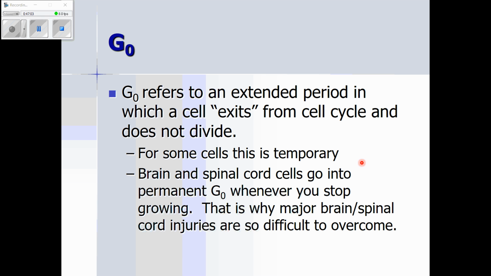They're no longer going to divide. This is why it's so difficult to fully recover and heal from a brain or spinal cord injury. If we have a cut on our skin, those cells will grow back pretty quickly to heal that wound. But that's not the case for traumatic brain and spinal cord injuries because those cells are in G0.